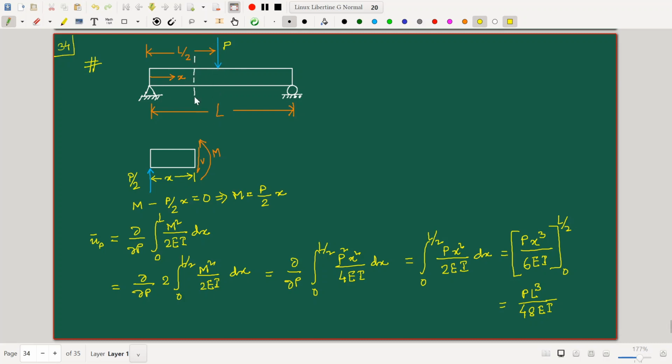So if instead of taking the cut here, we were to take the cut here, then for that particular section, this P would very much come into the picture, and the free body diagram here would look completely different. So what I'm saying is that if I were to take this cut here, then my section would look like this.